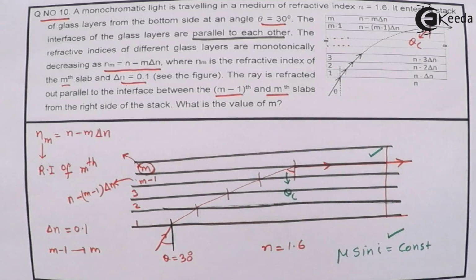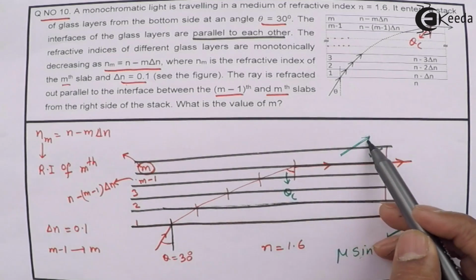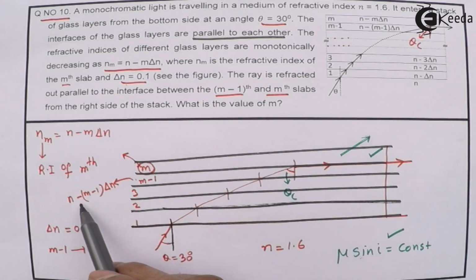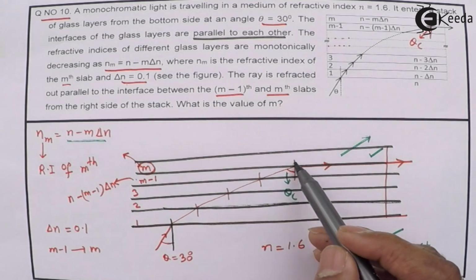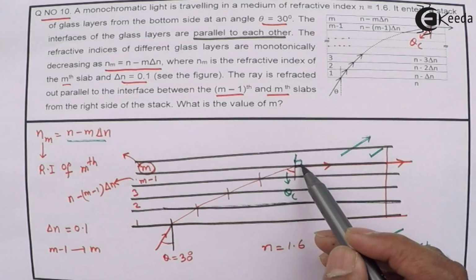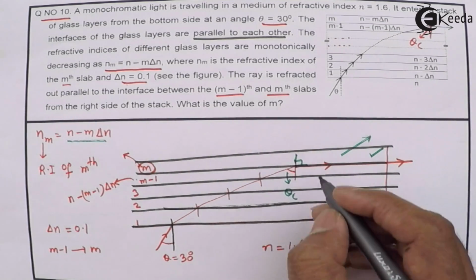That means this medium has this refractive index, so this into sine of this angle must be equal to the mu of this medium and sine of this angle, which is 90 degrees, because the ray is grazing.